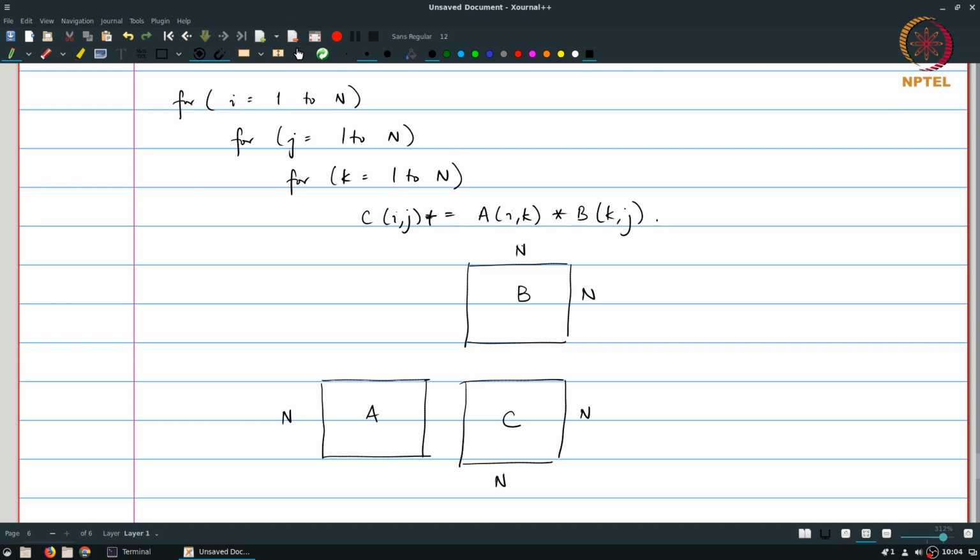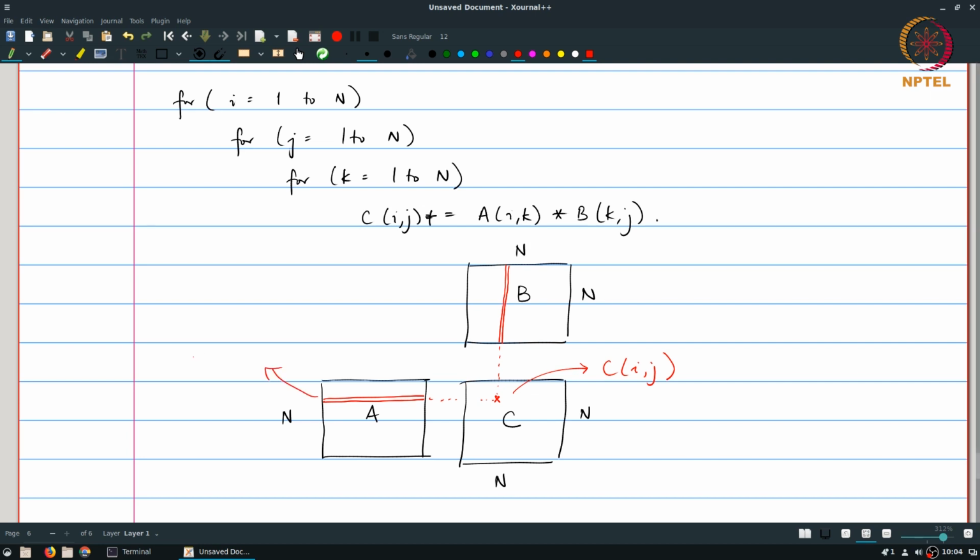Effectively, what we are saying is the k index is going along a row of A and a corresponding column of B, and these values accumulate to give us the C of i j.